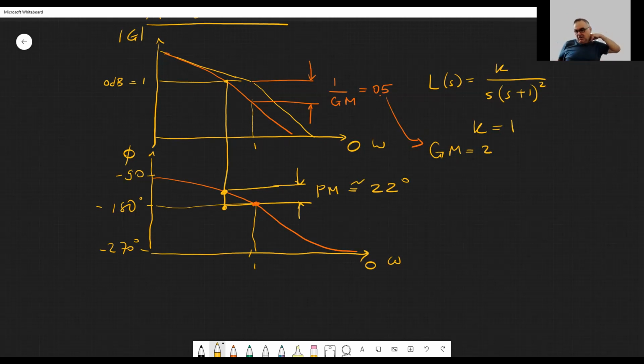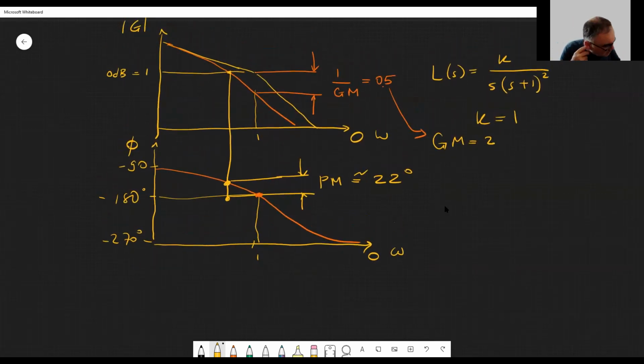So I know that this is not very clear at this instant. I'll try to do a few more examples. Maybe I'll give you more examples in a solved manner.